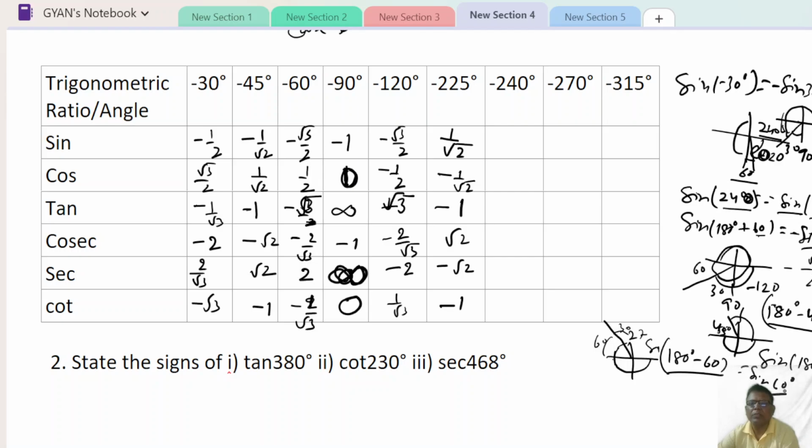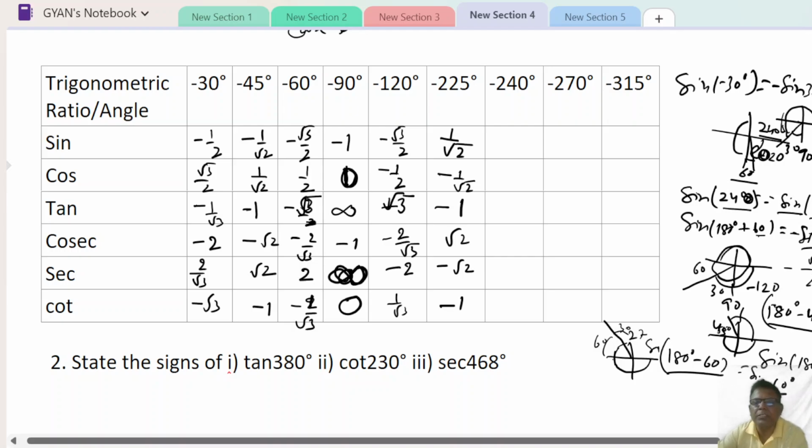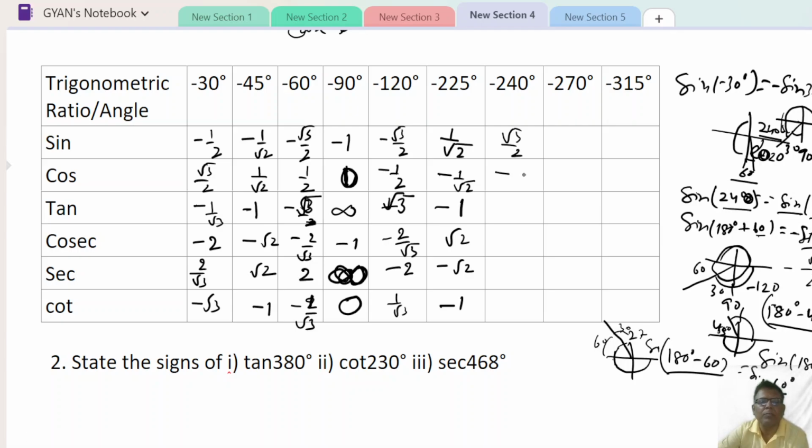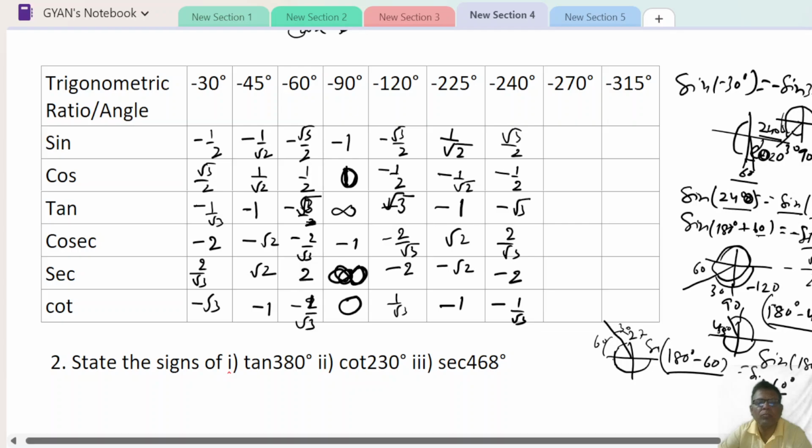Correct? So sine 60 degree, the remaining are negative. So for 60 degree, only sine is positive. So here you write positive, other is negative. So cos 60 degree, 1 by 2, but negative. Tan 60 degree, root 3, negative. Take reciprocal of this, 2 by root 3. This is minus 2, this is minus 1 by root 3.